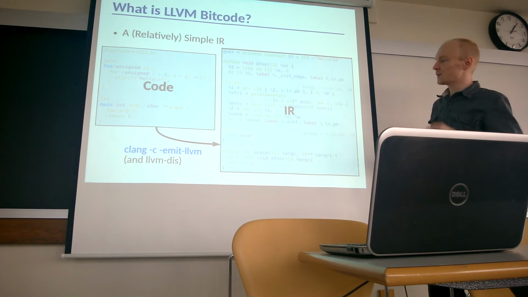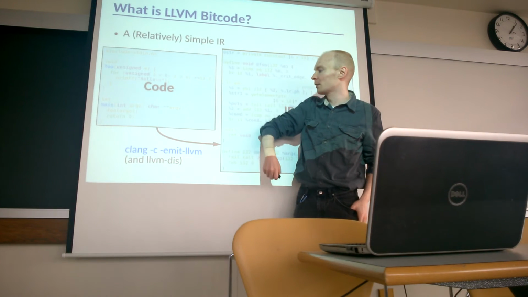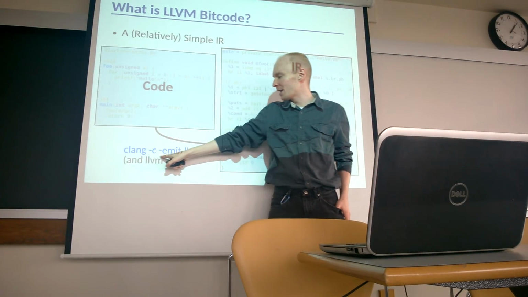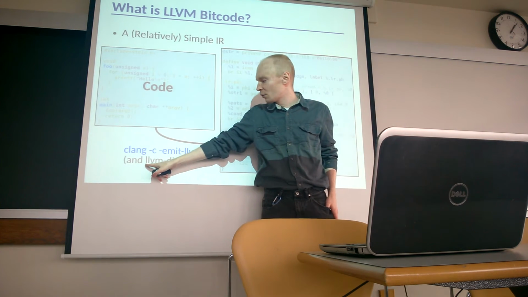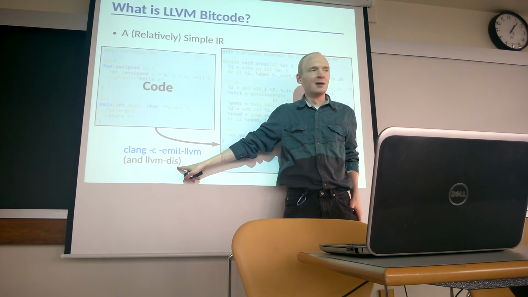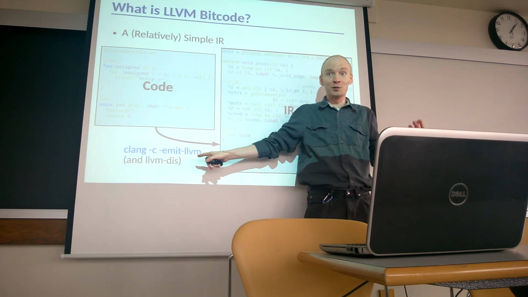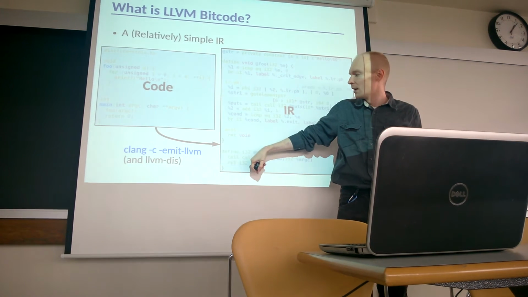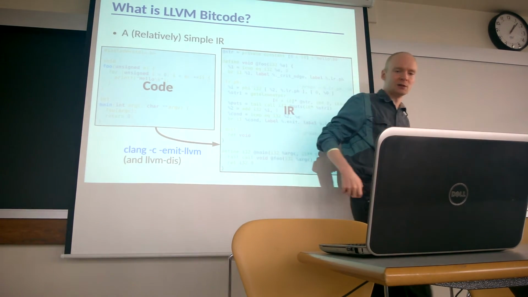Okay, so what is this bitcode? Well, if we have some source code for our program over here and we run that magic command we saw before to generate the bitcode, we can run a second magic command which creates a readable representation of the bitcode, which is nice. It's good to be able to read what you've actually produced. Another way of doing this is by saying clang -emit-llvm.